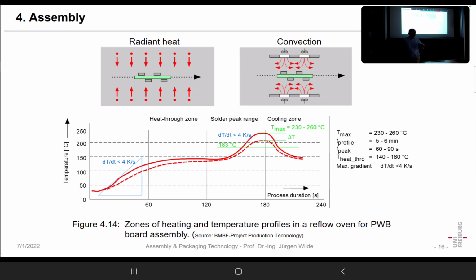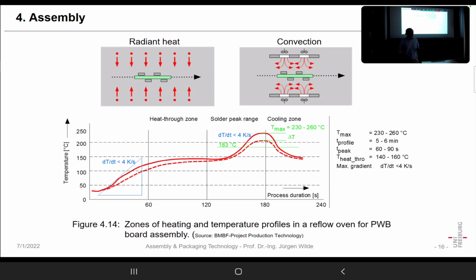You always need a certain profile that is adapted mainly to the chemistry of that material. So you heat initially with a certain rate, maybe up to 120 to 150 degrees centigrade. In that range, the paste is dried.